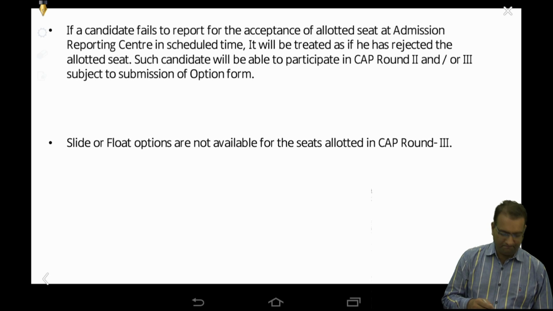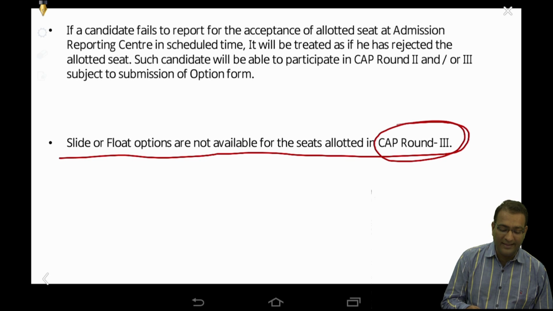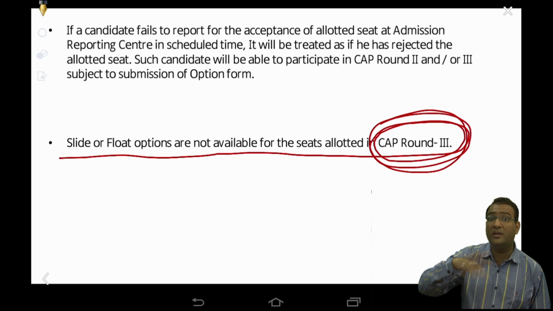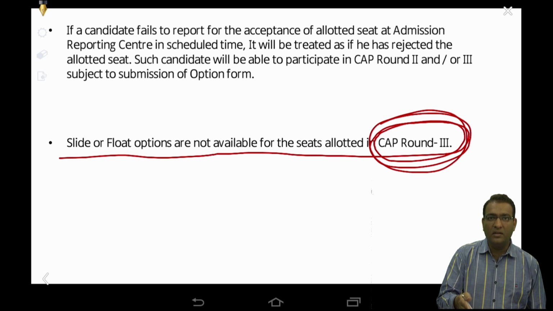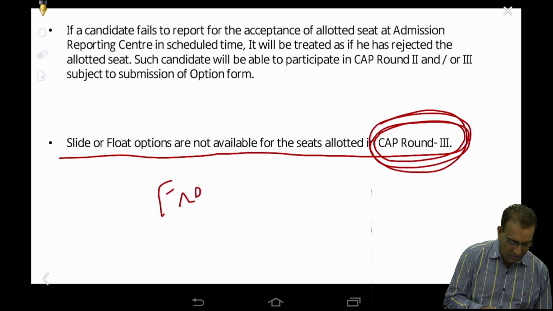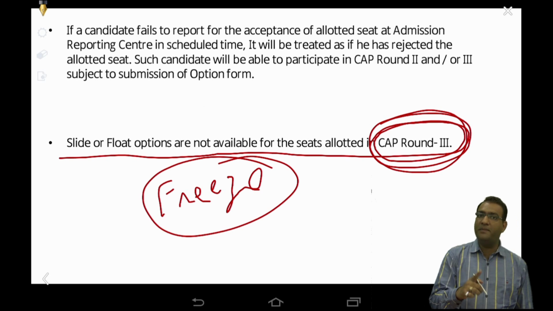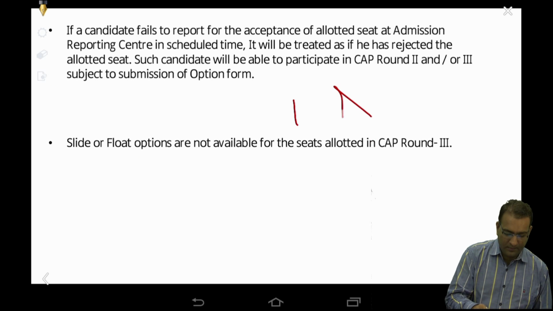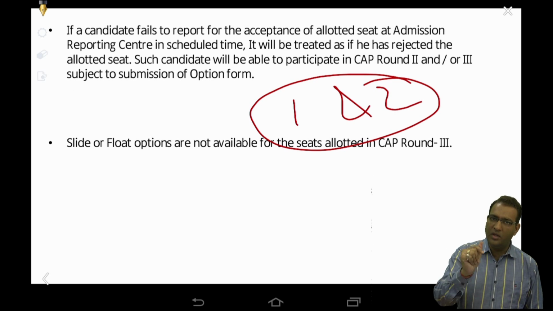Now comes the killer. Slide or float options are not available for seats allotted in cap round 3. So in cap round 3, if you get something, I hope you understand, after cap round 3, either freeze or leave. So in cap round 3, you have to be very specific in mentioning the colleges. Cap round 1 and 2, please understand it carefully, fill 300 seats.